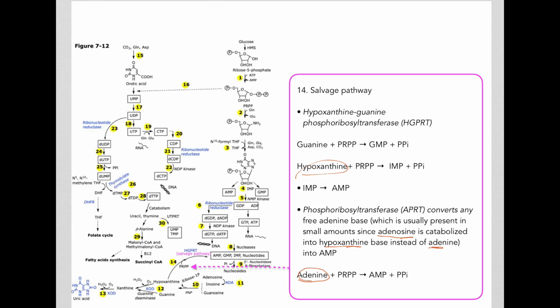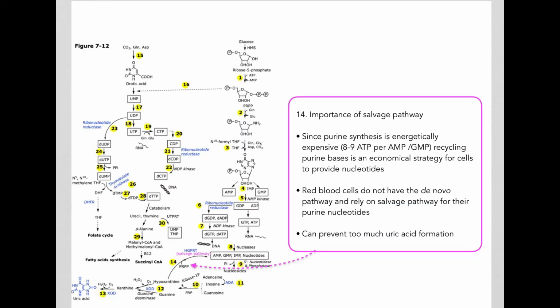So if there is some adenine present, even that adenine can react with PRPP to give you AMP, and this is catalyzed by the enzyme adenine phosphoribosyl transferase, or APRT. So basically in the salvage pathway, we see that the nucleobases are converted into nucleotides by reaction with PRPP.